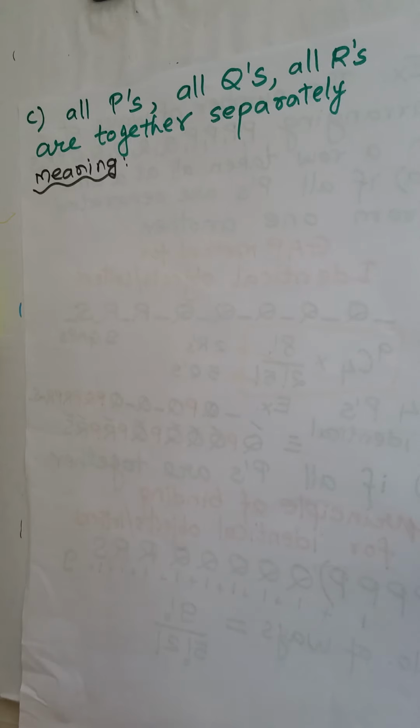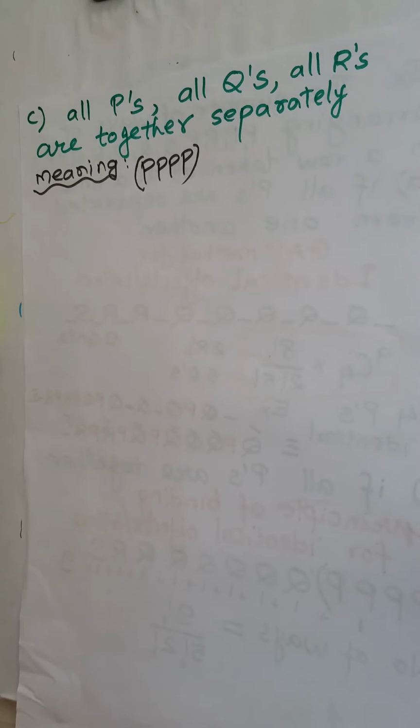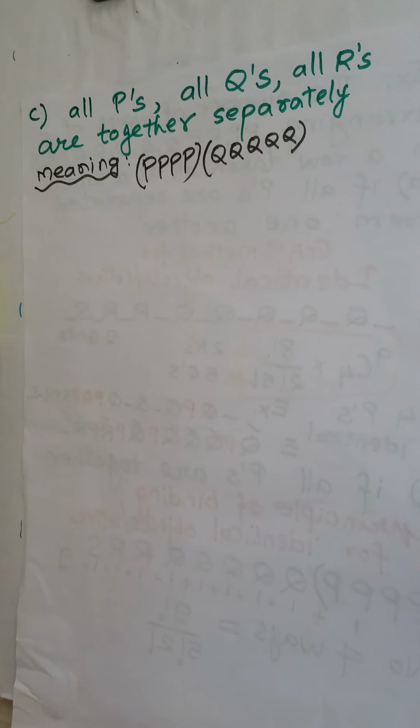The meaning is this: all P's we have to bind, Q's we have to bind, R's we have to bind. Okay. So all P's inside a bracket, all Q's together inside a bracket, all R's together, and then S. So we now have to use binding.